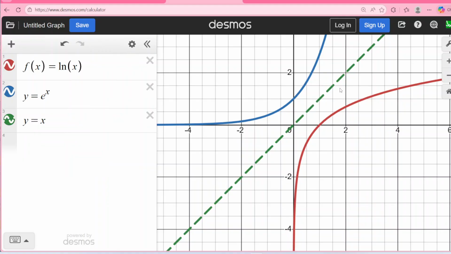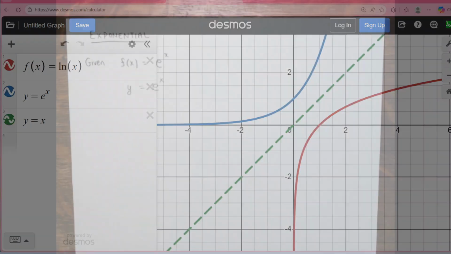So you see how the red graph and blue graph are just reflected across this green dotted line, right? These graphs are a reflection across the line y equals x. You just switch x and y on one graph and you get the other graph. They're inverses, right? Remember, logs and exponentials with the same base are inverses. So I'm going to make use of that fact.